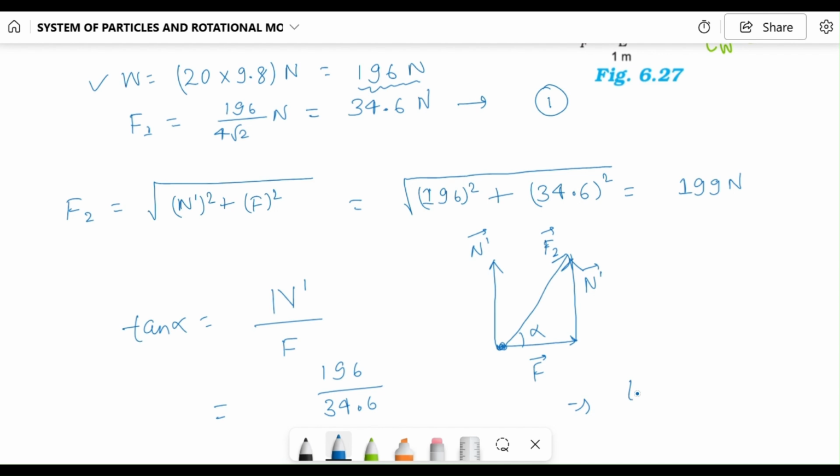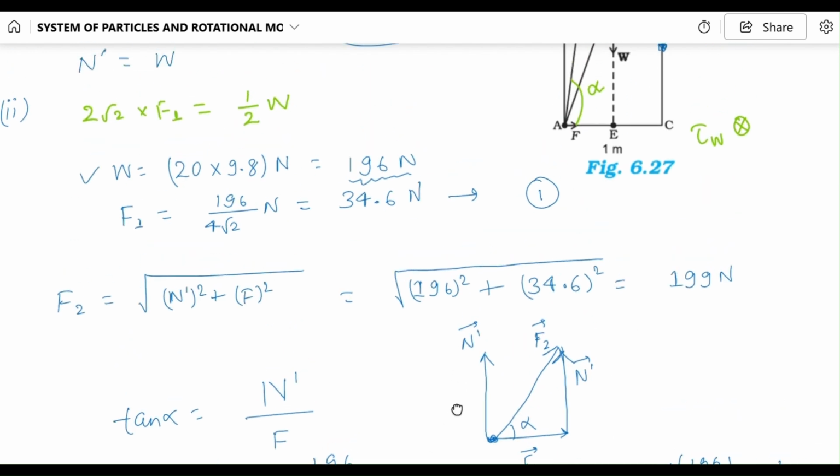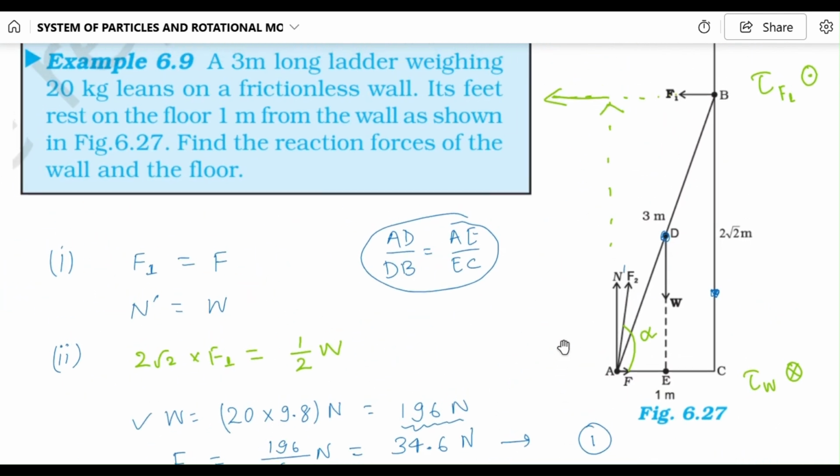Then alpha will be tan inverse of this value, and now you can find out this value as well using a chart or calculator, whatever you prefer. This will be nearly 80 degrees. So we have found out the reaction forces on the ladder due to the floor as well as due to the wall. So that's all for this video.